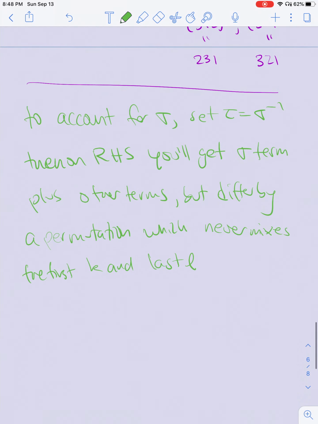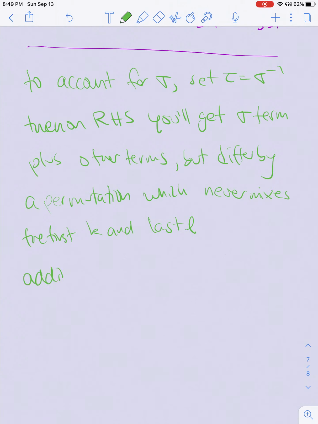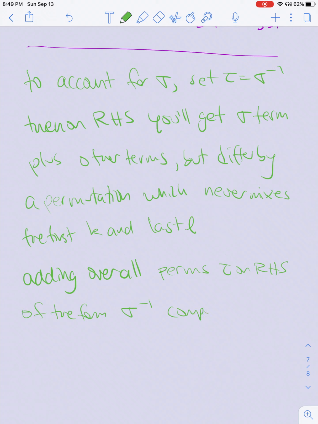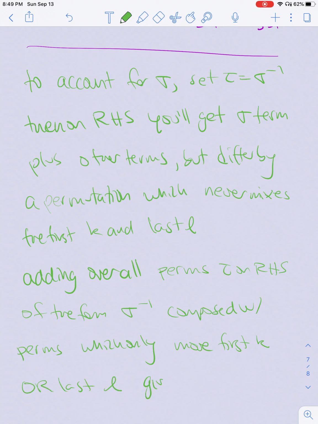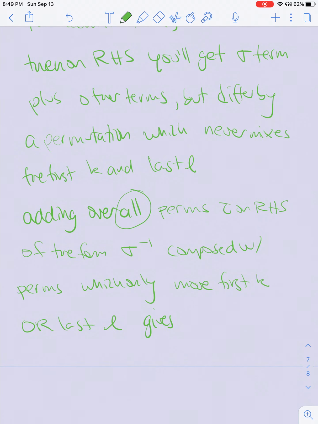And so then adding over all perms tau on the right-hand side of the form sigma inverse composed with a permutation which only moves the first k or the last L, if you add over all of them, you get k factorial L factorial times sigma's contribution.